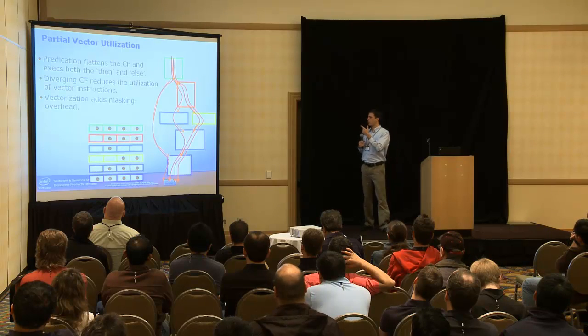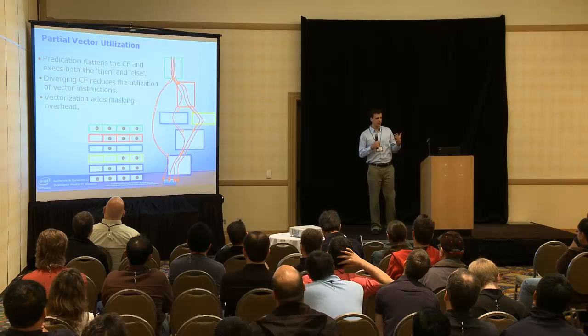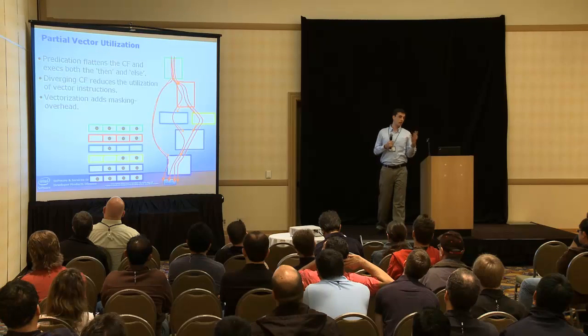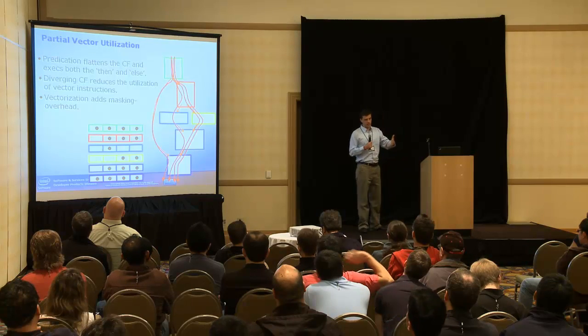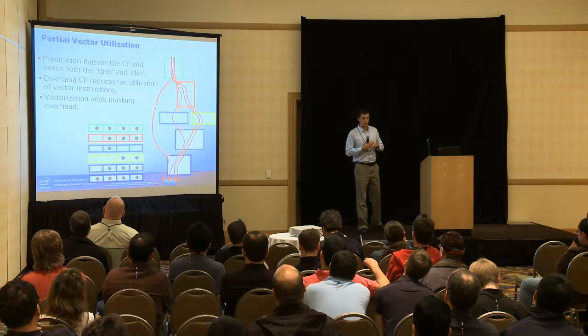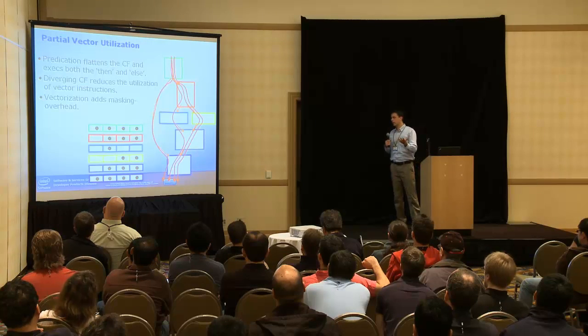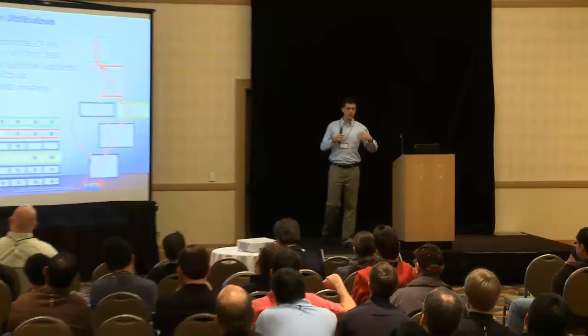If you look at the example, and at the blue square, only one of the work items had actually executed the blue vector operation, 1 out of 4. So it's not very efficient, but yet we did need to execute this. So we have reduced vector utilization, and also when we vectorize, we need to calculate different masks and store them in registers. So we have this overhead when we vectorize.